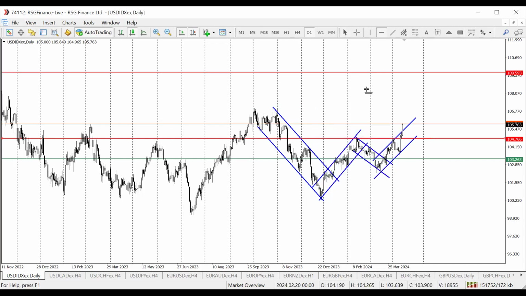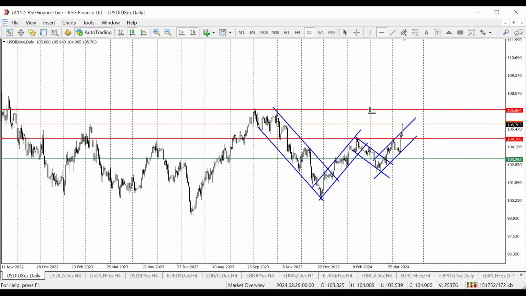Let's use the horizontal lines to mark it. So price is headed to take out the last high here and then giving us more potential for new highs, okay? So dollar is stronger, and this is giving me a better position to trade it against all the pairs I'm going to be trading it against.